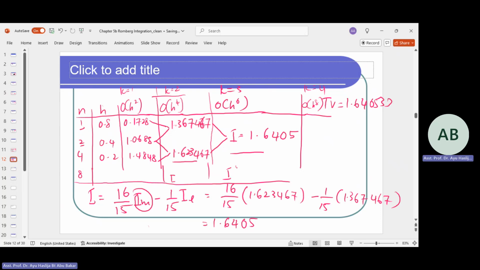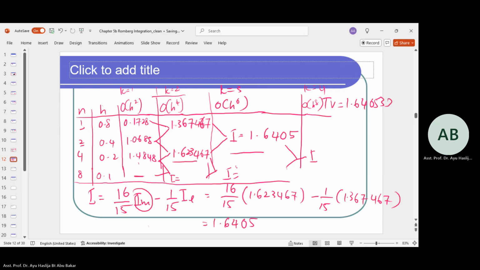Yes. This one. New value, so you need to find a new value over here. Yes. Then from here you get this value. Then using this, you get this value. Then using these two, you get this value.